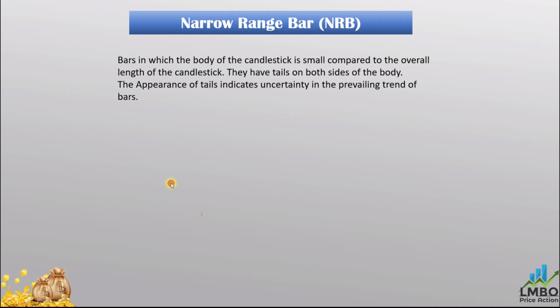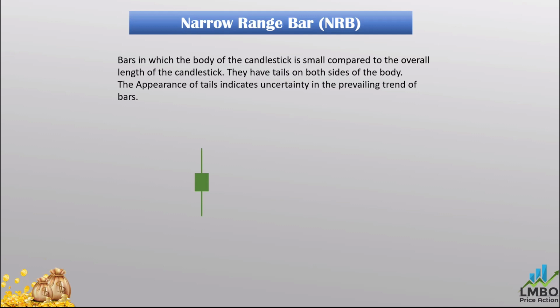So the shape of the candle shows the body is very small and the wicks are larger. When the wicks are larger, it shows uncertainty. When the wicks are smaller and the body is larger, it shows certainty. So this is also a range bar, a narrow range bar, but we are not using these narrow range bar candles in our strategy.